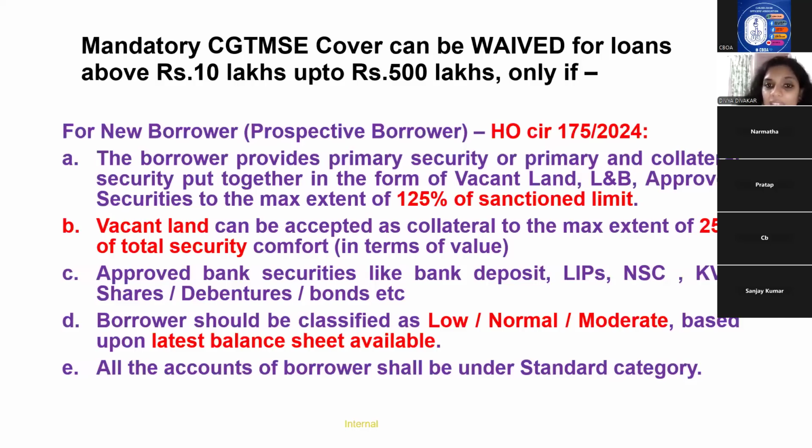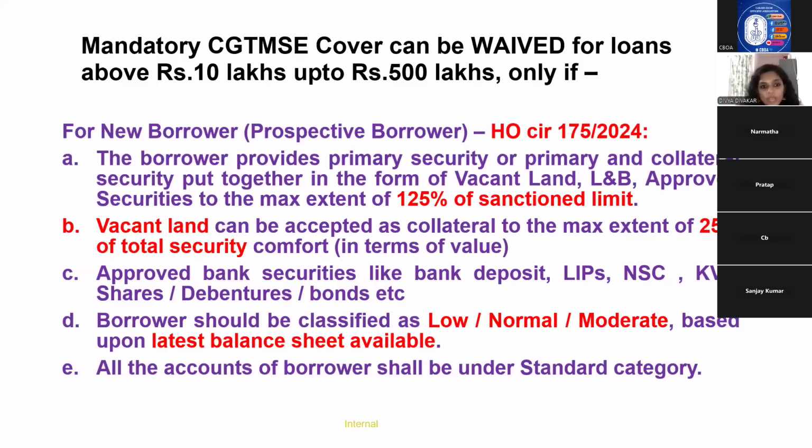Vacant land can be accepted as collateral to a maximum extent of 25% of the total security comfort. Approved securities like bank deposits, LIPs, NSCs, KVPs, shares, debentures, bonds, etc.